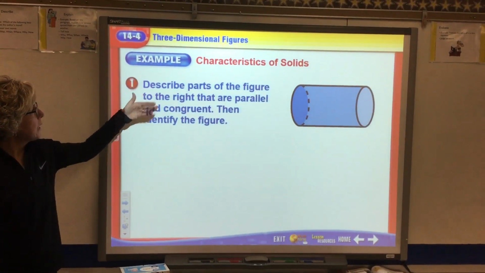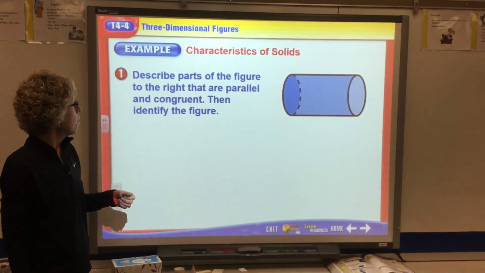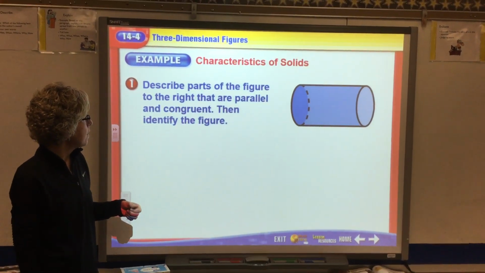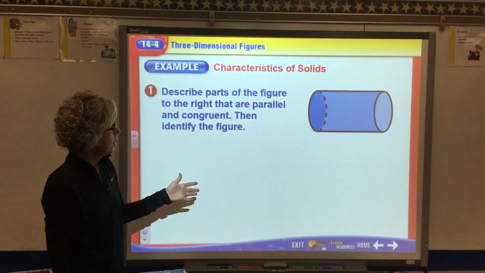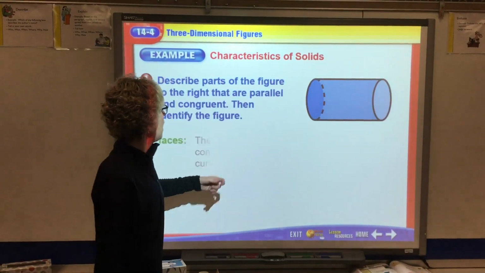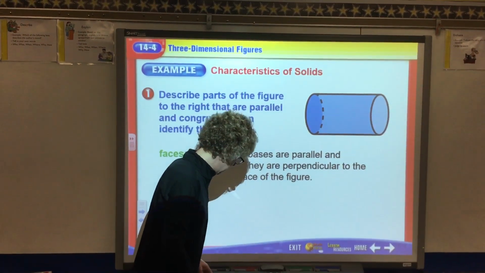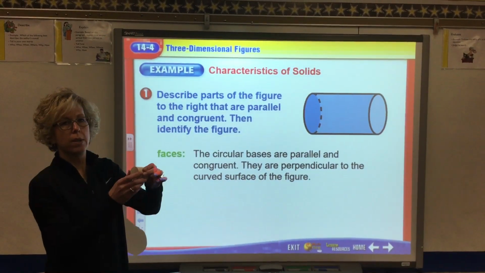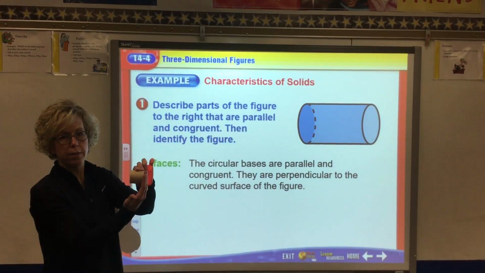When we're looking at this, it says describe parts of the figure to the right that are parallel and congruent, and then identify the figure. If we look at that cylinder, you have these 2 circular faces that are parallel and congruent. This side is congruent and the same as this side, and they're parallel to each other.